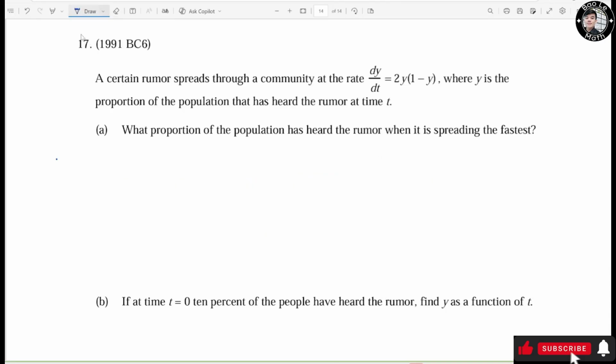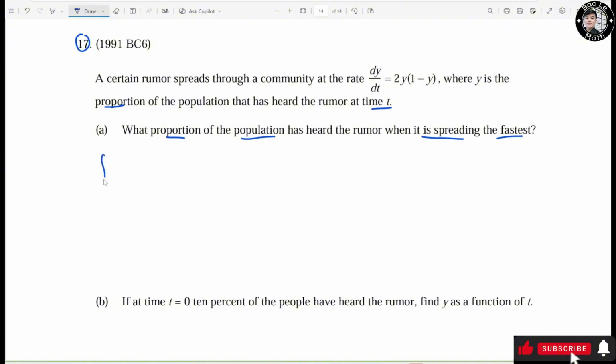Now let's move on to question 17. A certain rumor spreads through a community at the rate dy over dt equals 2y times 1 minus y, where y is the proportion of the population that has heard the rumor at time t. Question A. What proportion of the population has heard the rumor when it's spreading the fastest? Alright, so we need to find the maximum of this function, right?